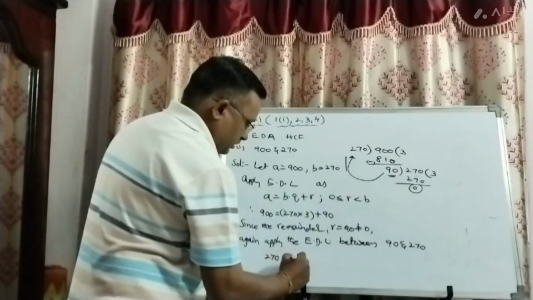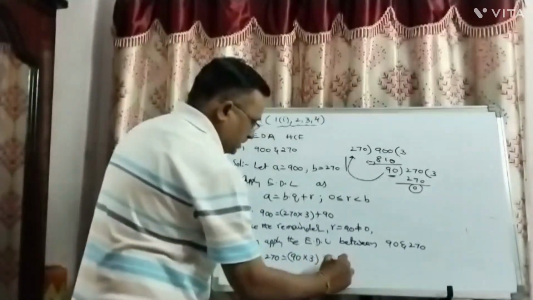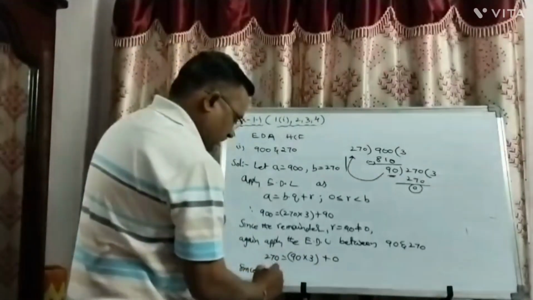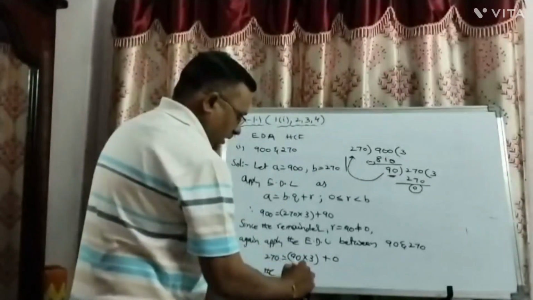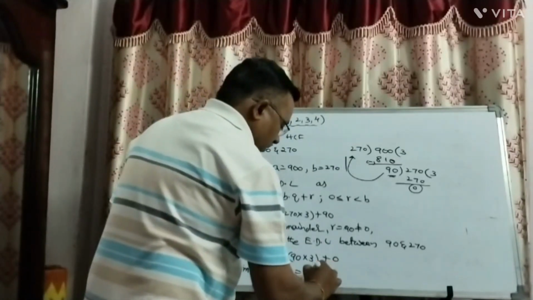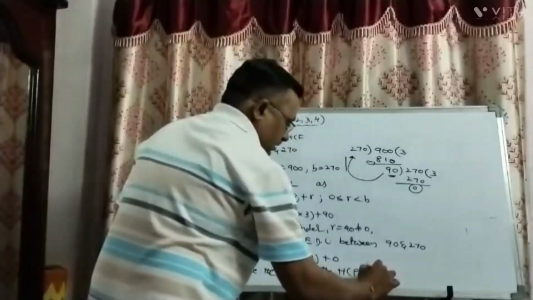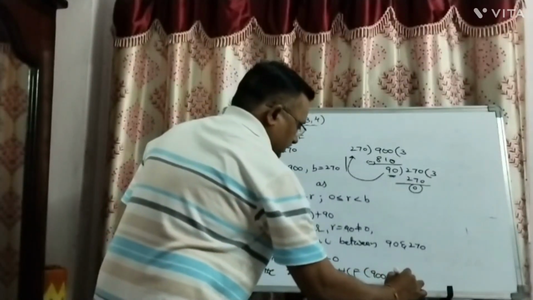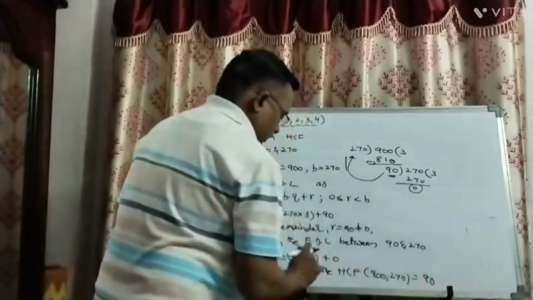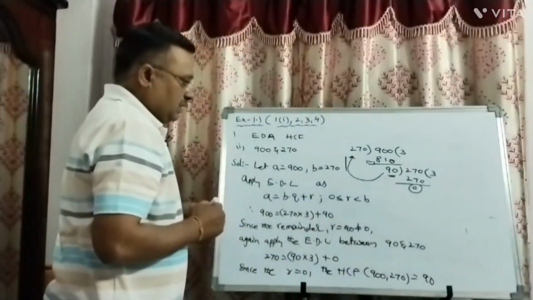By this, using the second step, 270 will be equal to divisor 90 into quotient 3 plus 0. Since the remainder is equal to 0, the HCF of 900 and 270 will be equal to 90, the final divisor 90.